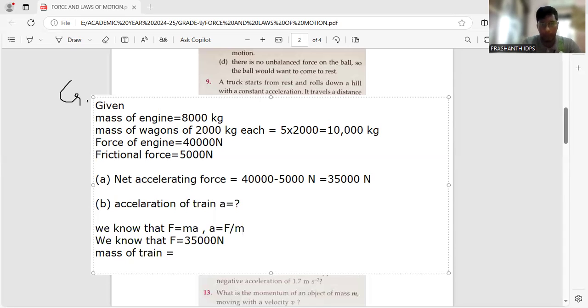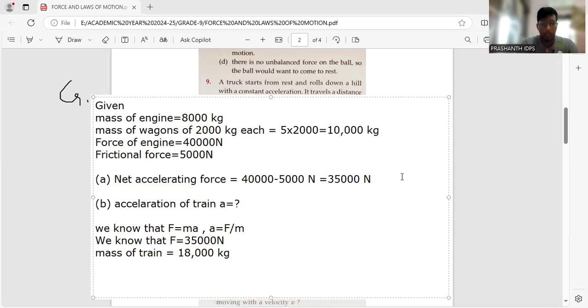I told you in the beginning itself, the mass of the engine is 8,000. But there is not only the engine; along with the engine, there are again 5 wagons. So the total will be 18,000 kg. How do you get 18,000 kg? Engine 8,000 plus 5 wagons, 10,000, so total 18,000 kg.